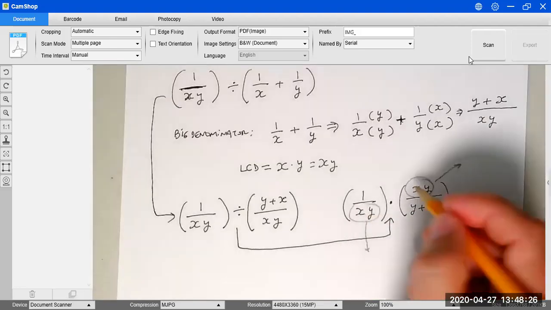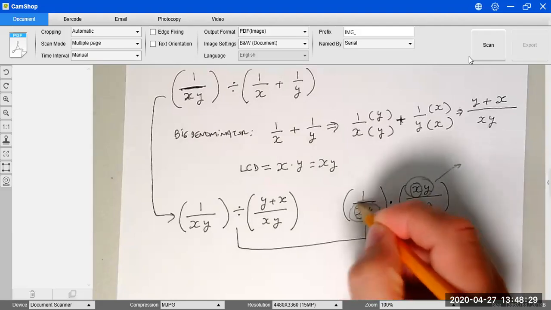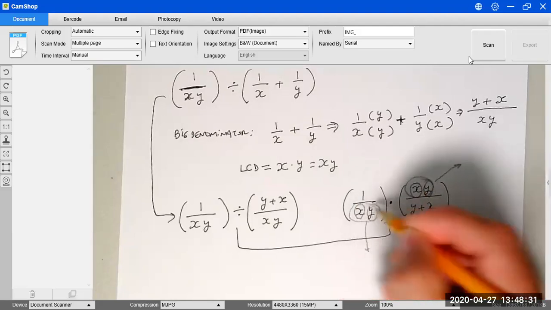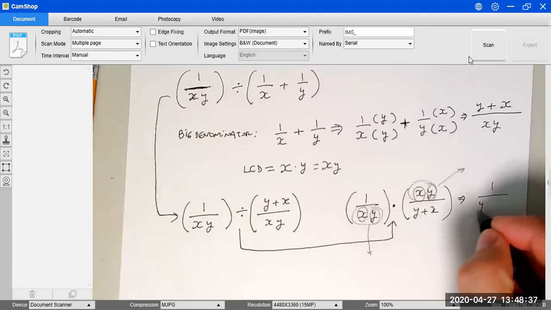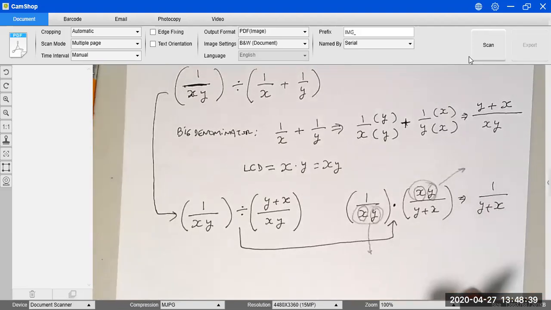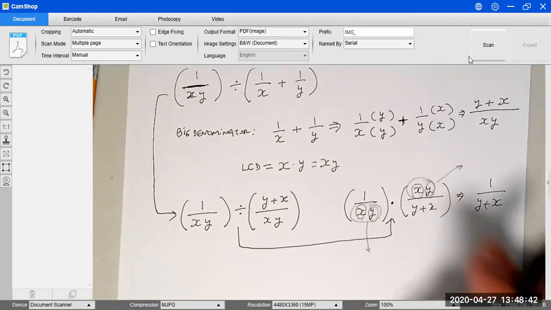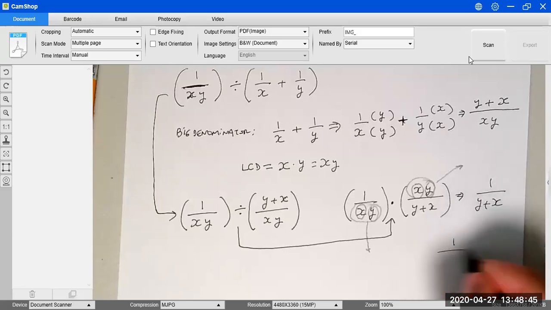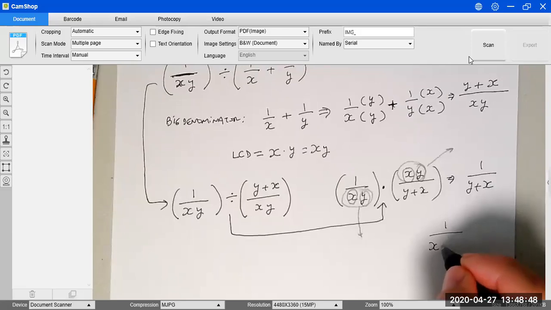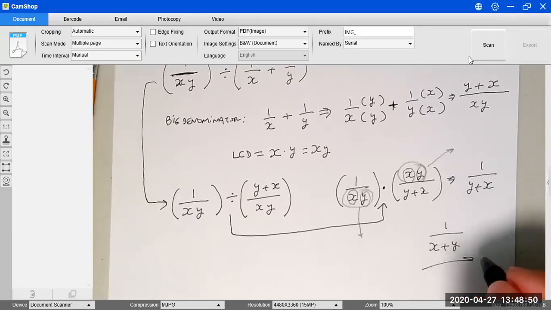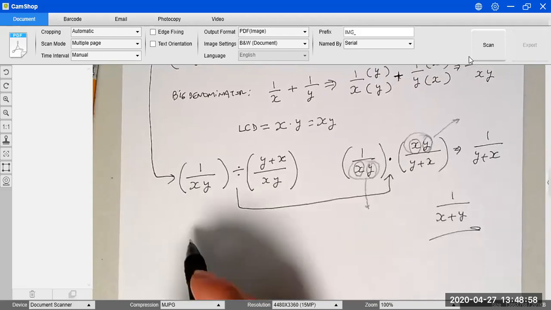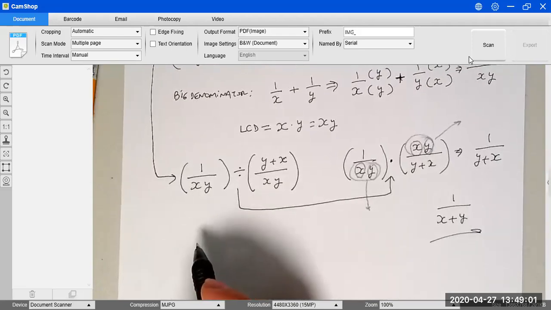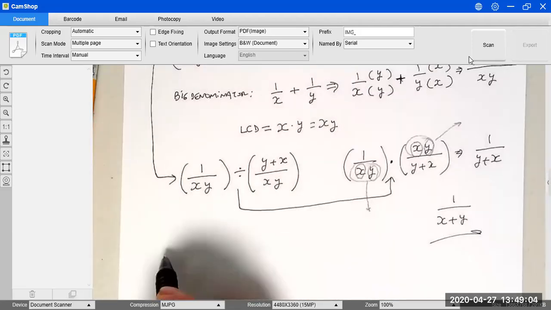So strictly what we do is we cancel x with x, we cancel y with y, and then we end up with only 1 over y plus x. Y plus x can be written as x plus y, so maybe your book has 1 over x plus y, which is the same thing. So that's the answer.